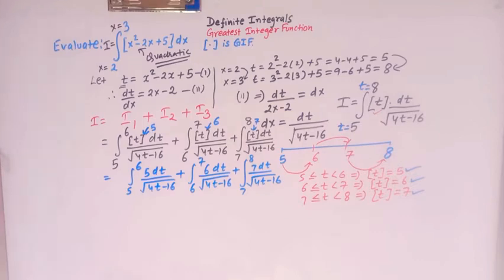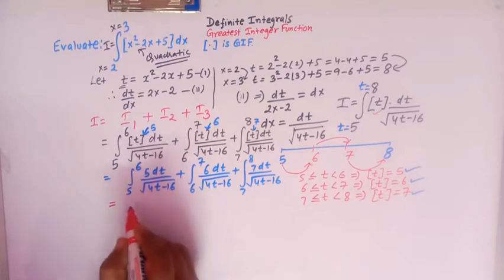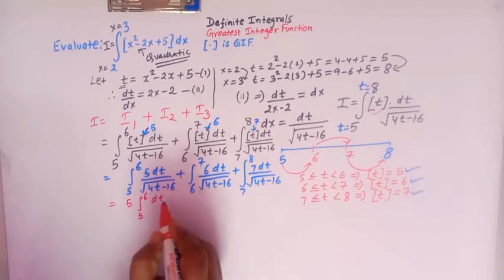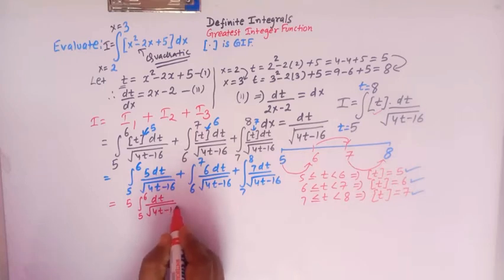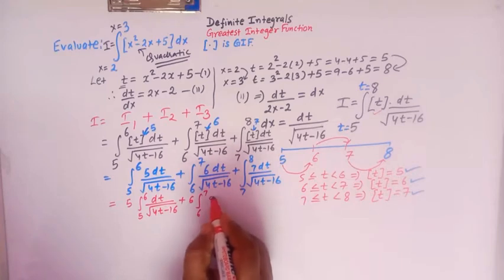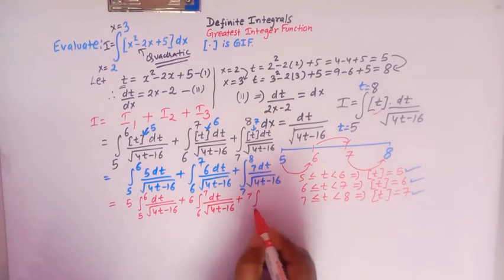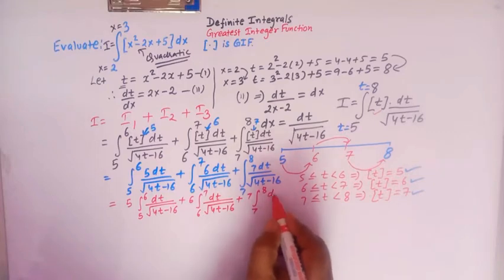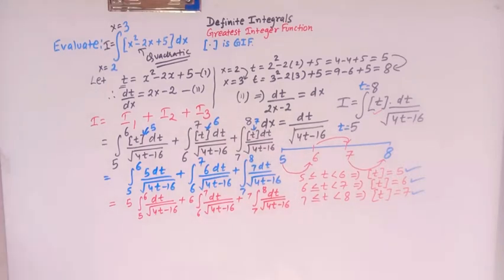Okay, so now we have the integrals. Taking 5 outside, the integral we have 5 to 6 dt over square root of 4t minus 16, and here we have 6 to 7 dt over square root of 4t minus 16, and here we have 7 times 7 to 8 dt over square root of 4t minus 16, right?